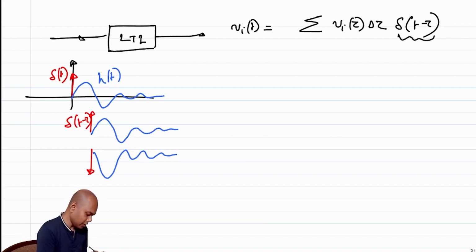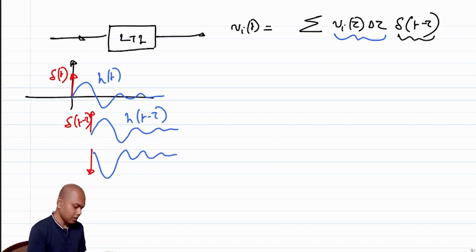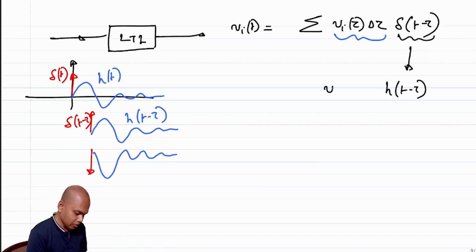And what is the weight of each of these? The impulse is weighted by this factor, correct? So your output will be h(t minus tau), weighted by the strength of the input, which is Vi(tau) delta tau.